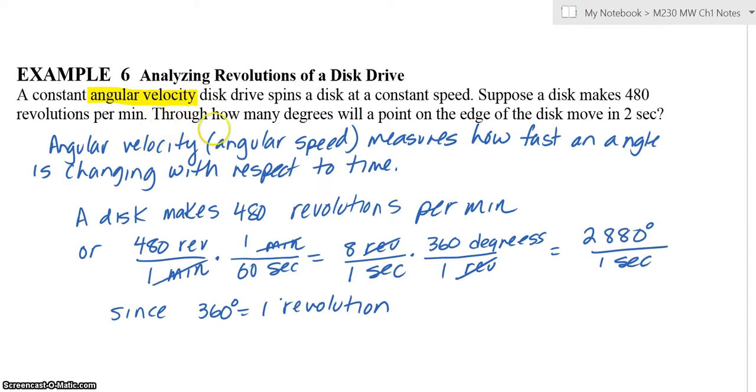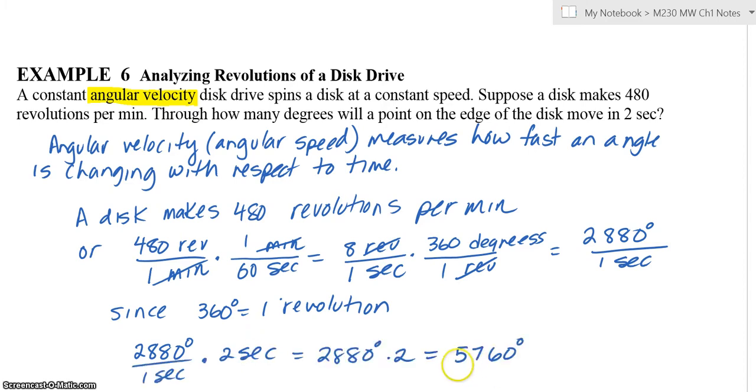So we're almost there. Through how many degrees will a point on the edge of the disk move in 2 seconds? Well, if it said 1 second, that would be the answer. But they want 2 seconds. So I'm just going to take that and multiply it by 2, and you get 5,760.